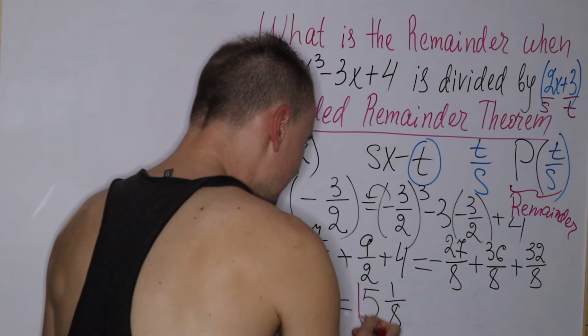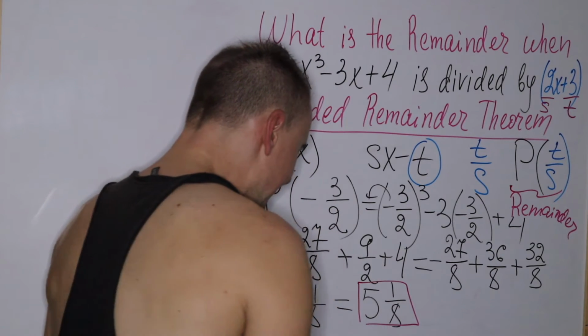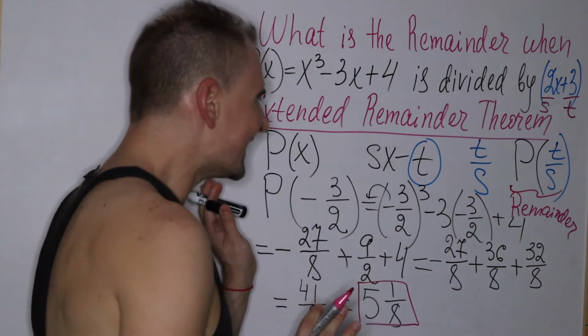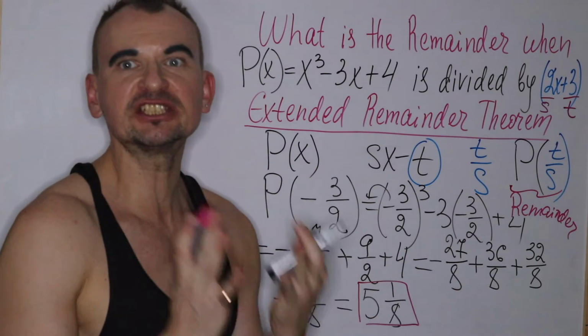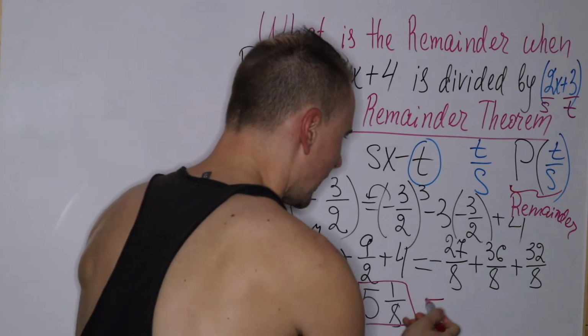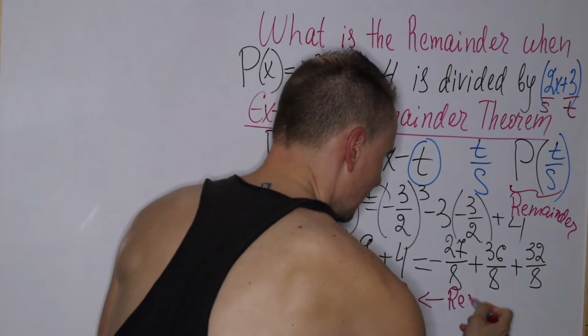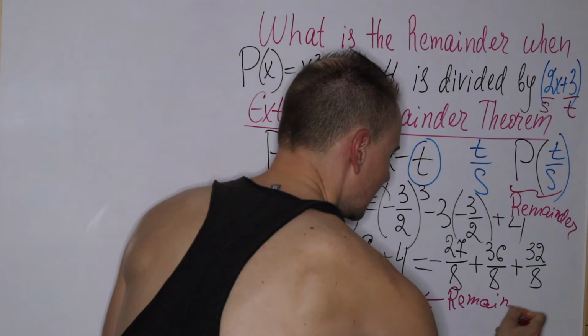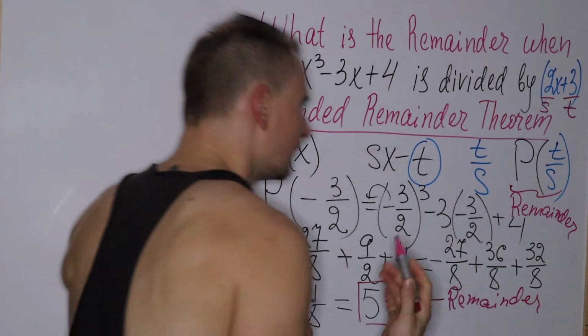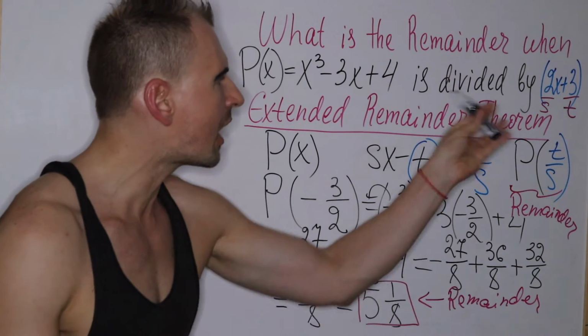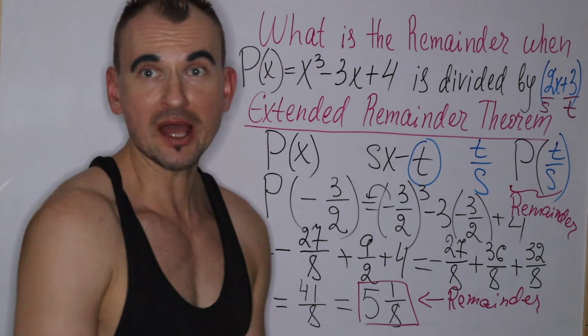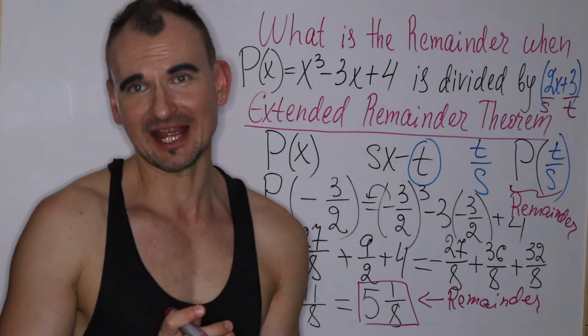That's going to be your remainder when you divide this given cubic polynomial by that monomial. Well, I hope it has been helpful to you.